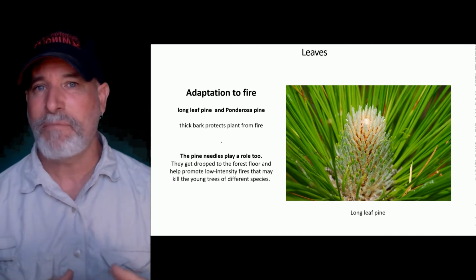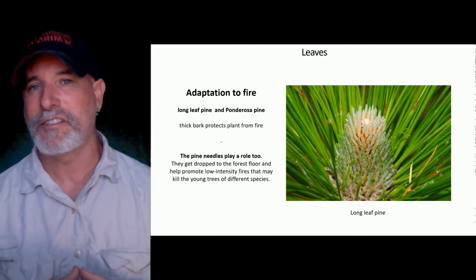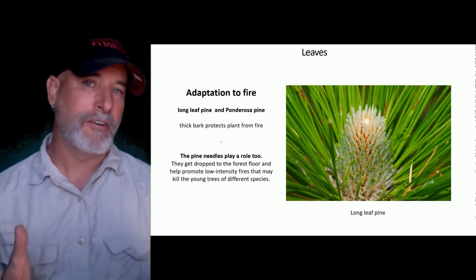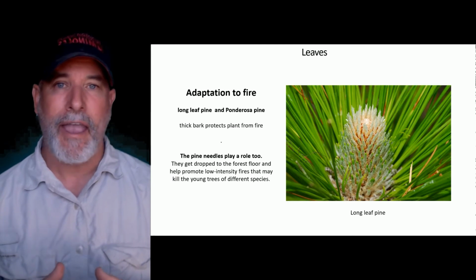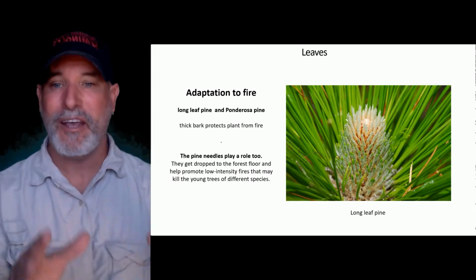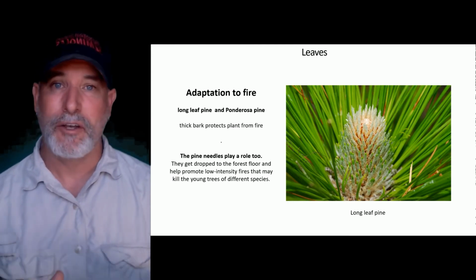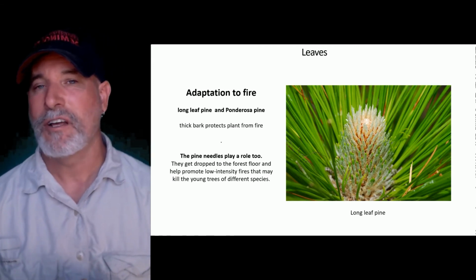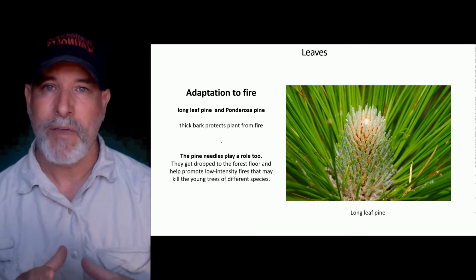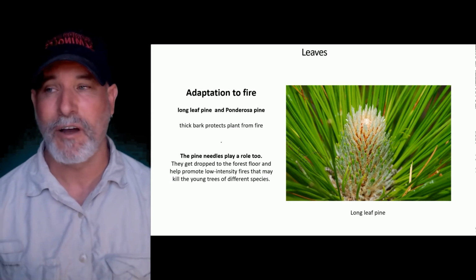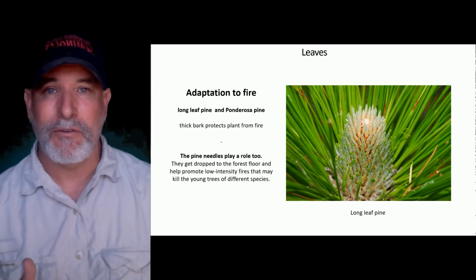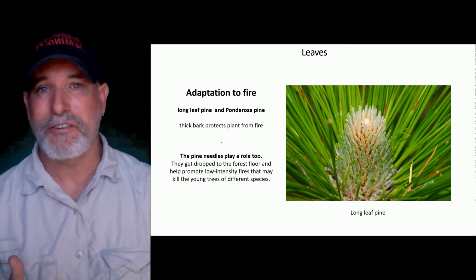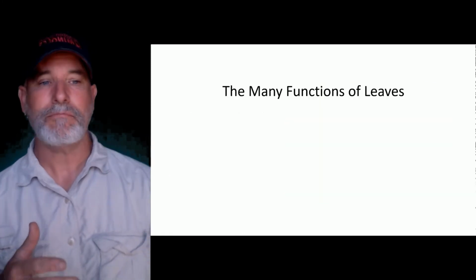And like the longleaf pine in the southeast of the United States, those pine needles will drop to the forest floor and they're kind of flammable. So they help carry a fire. Now, the difference is these are small, low intensity fires that don't get up into the canopy and they don't burn the stand down to the ground. So, that's part of the problem, is our fires are much more intense now.